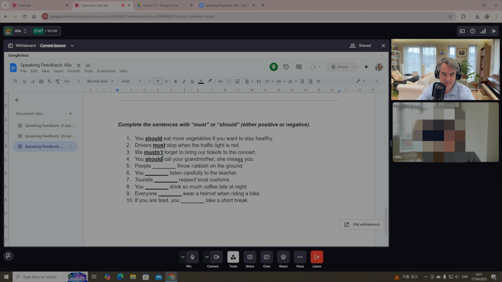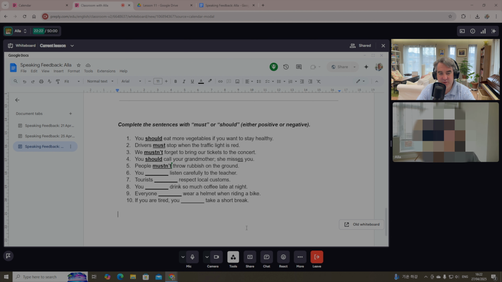People mustn't throw rubbish on the ground. Yeah, I suppose it works because it might be a rule.